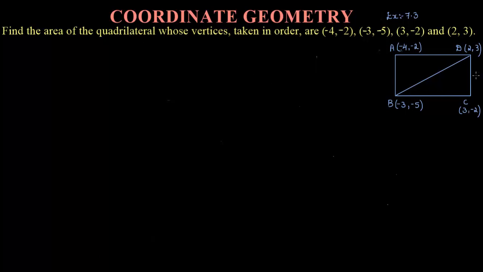So we need to find the area of this quadrilateral, right? So what I have done, I have just taken this one rectangle and divided this figure into two. After dividing, I am getting two triangles. So simply you can apply the formula to find the area of the triangle.